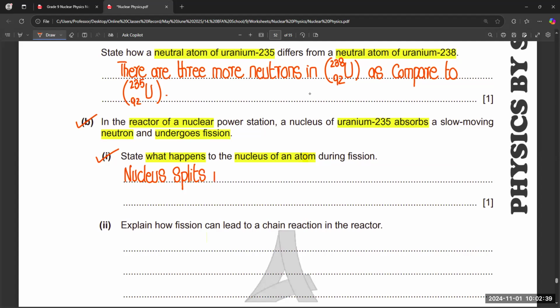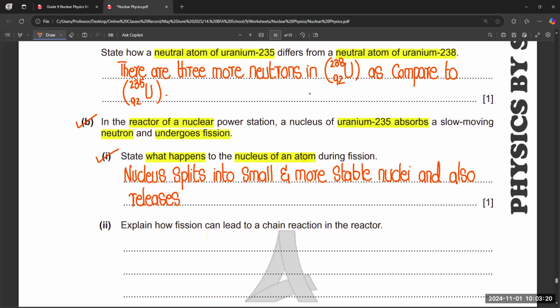Nucleus splits into small, more stable nuclei, and it also releases energy and neutrons.